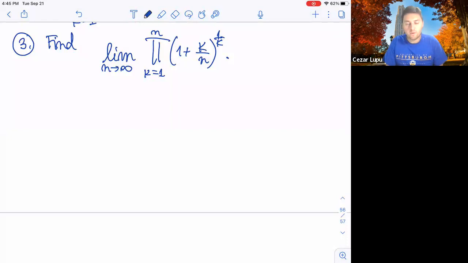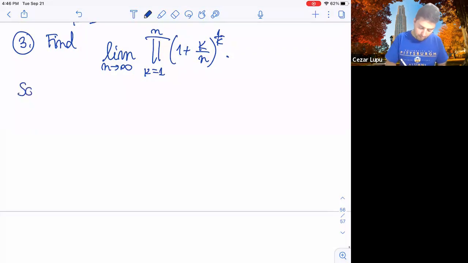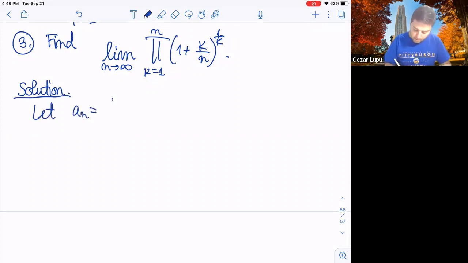It will turn the product into a sum. By using Riemann sums, this will converge to an integral. But we should be careful with that integral because it would be an improper integral. So let's do that. Let an be this sequence.